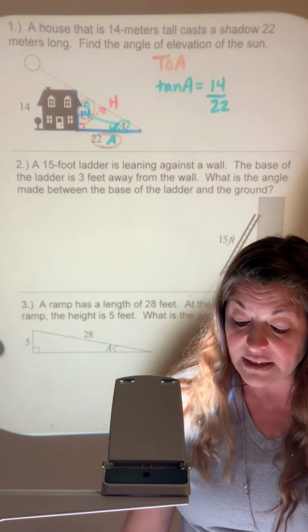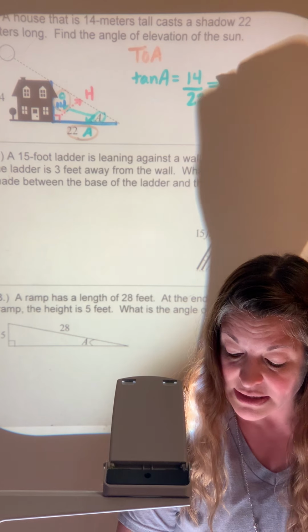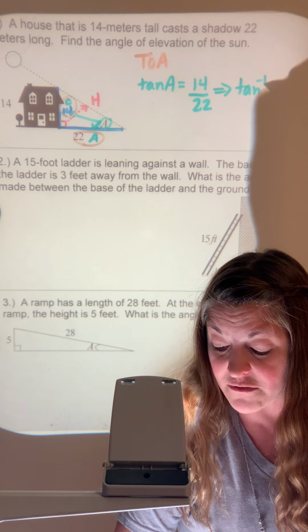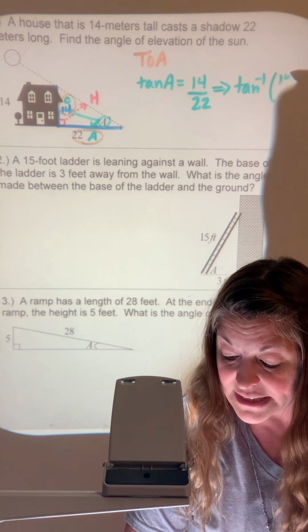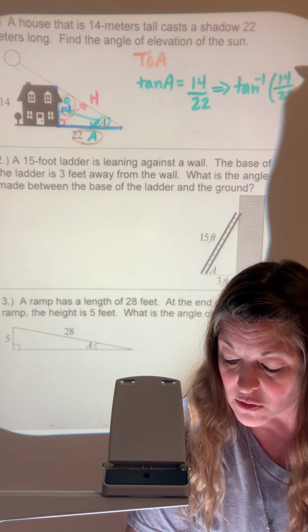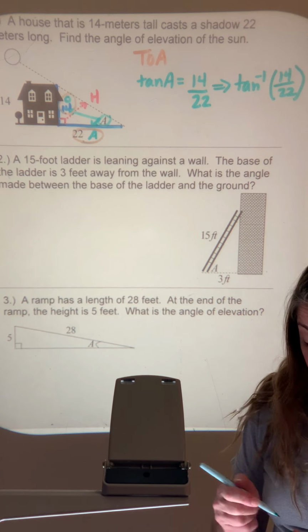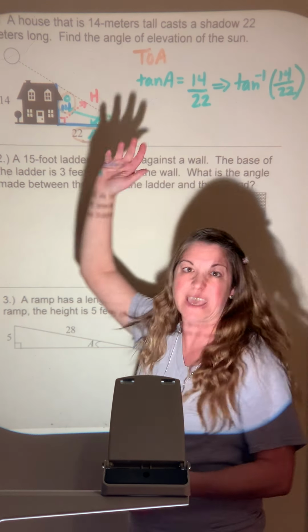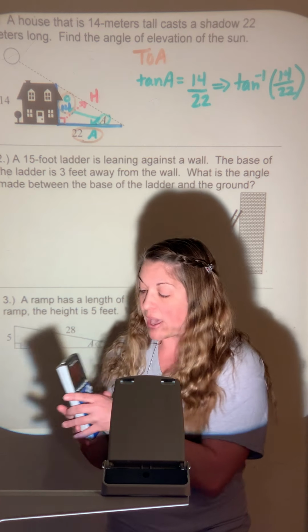We're just going to simply type in our calculator the inverse, so we're going to need that -1 there, and then in place of an angle, we'll put the 14 over 22. Now, I don't even bother typing 14 divided by 22 and getting the decimal and then plugging it in. I just go straight for it, okay?